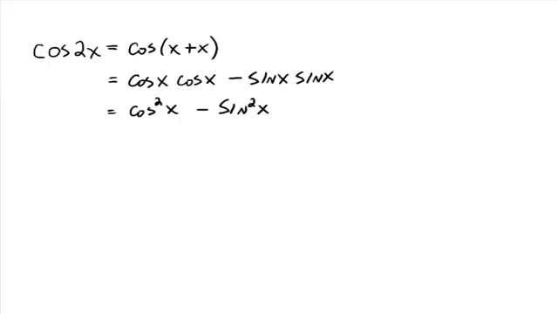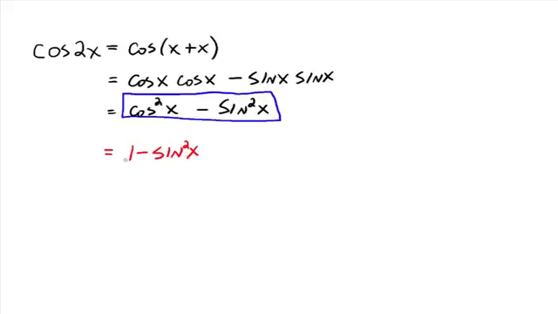And again, we'll summarize all these up in just a second. Also, this could be equal to, well, cosine squared x could be rewritten as 1 minus sine squared x. Everybody agree with that?